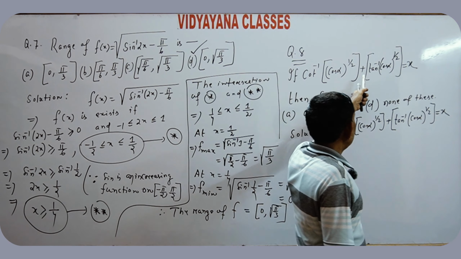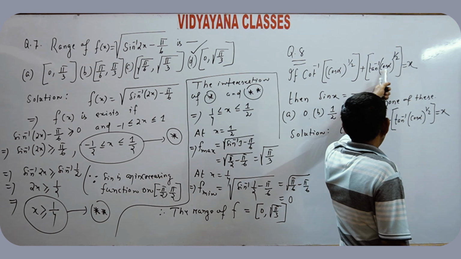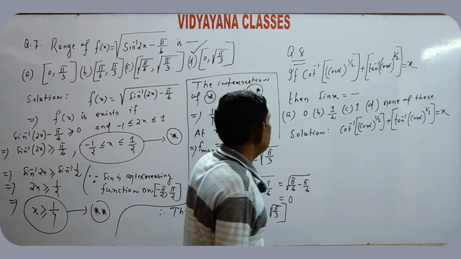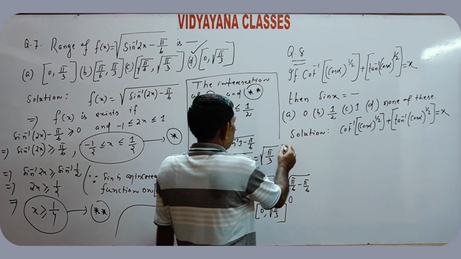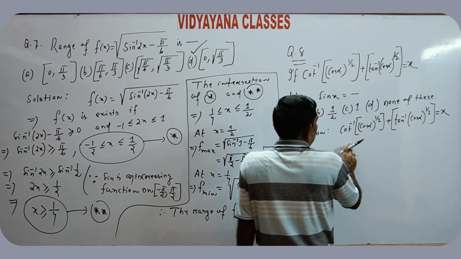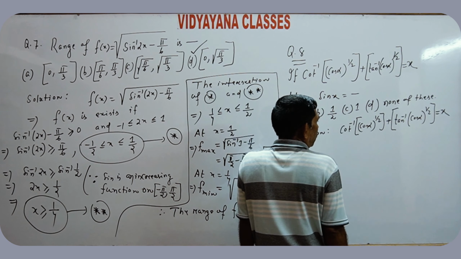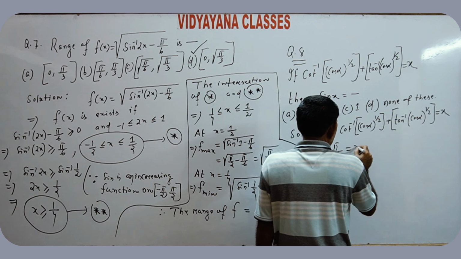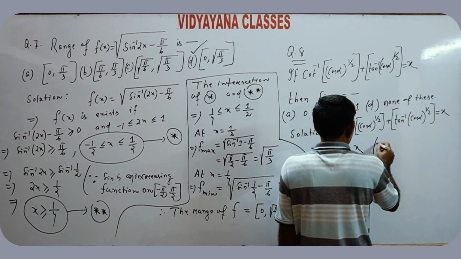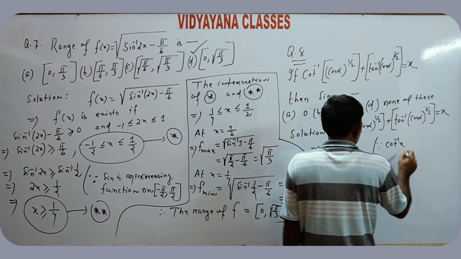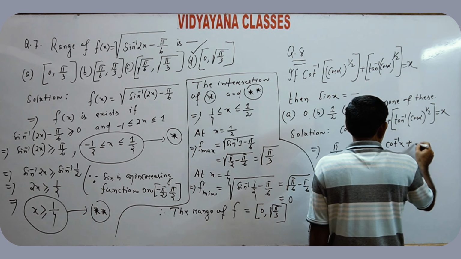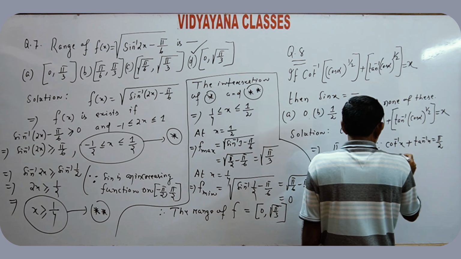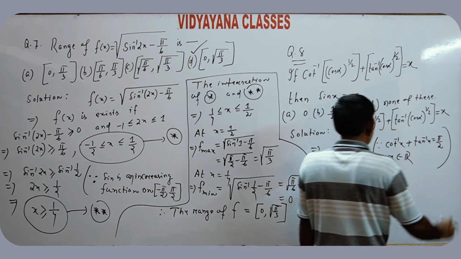If cot inverse root of cos alpha plus tan inverse square root of cos alpha is equal to x, then sin x is equal to dash. Cot inverse x plus tan inverse x is equal to pi by 2, since x belongs to the set of real numbers.